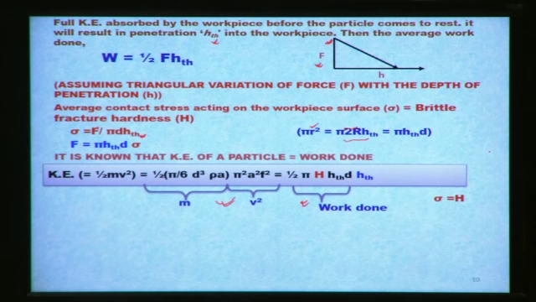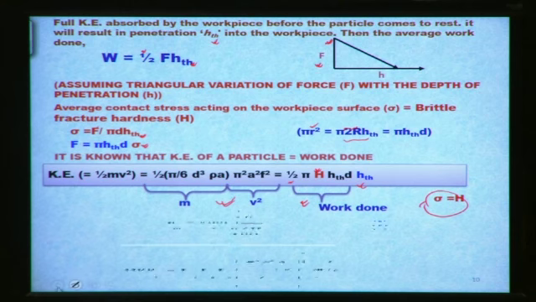The work done is half F h_th, where F is already calculated from here: F equal to pi h_th d sigma, where sigma is the brittle fracture hardness of this workpiece material, then multiplied by this h_th. Here we have considered sigma, the stress on the workpiece surface, equal to the brittle fracture hardness of this workpiece.